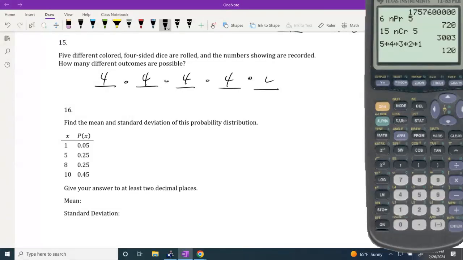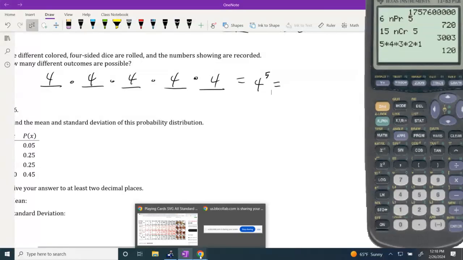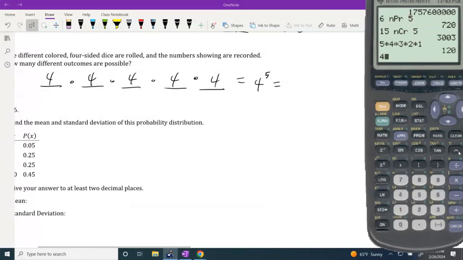And it's going to be 4 outcomes for all 5 of those. So if we write this in exponential notation, we have 4 raised to the 5th power, which is 1024.